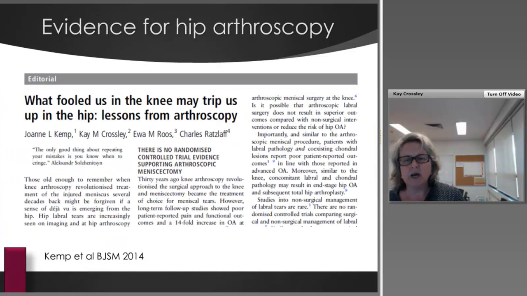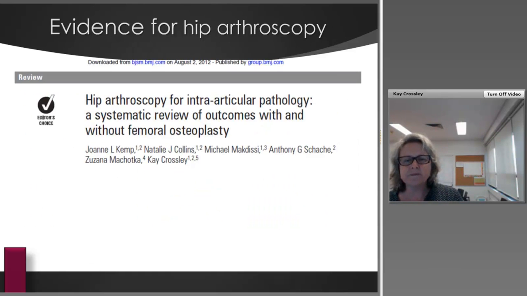Jo and I wrote an editorial last year saying that perhaps we need to take notice of these studies done at the knee, which show that knee arthroscopy isn't necessarily more successful than conservative management to reduce pain and improve symptoms in the knee. And so perhaps we need to also look at similar studies to evaluate hip arthroscopy.